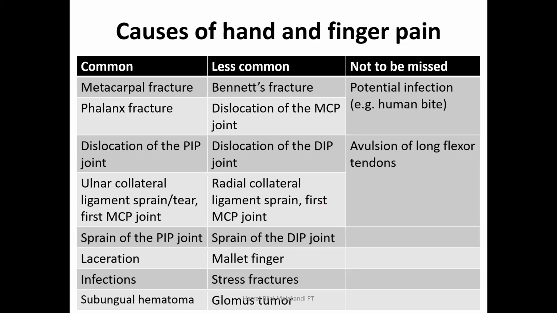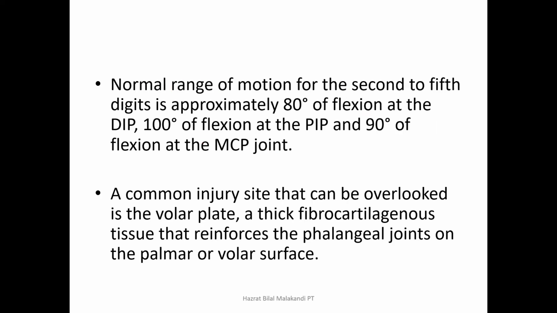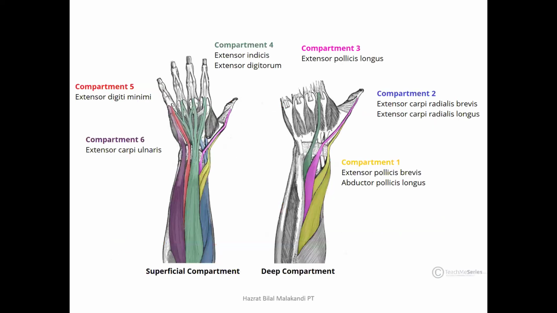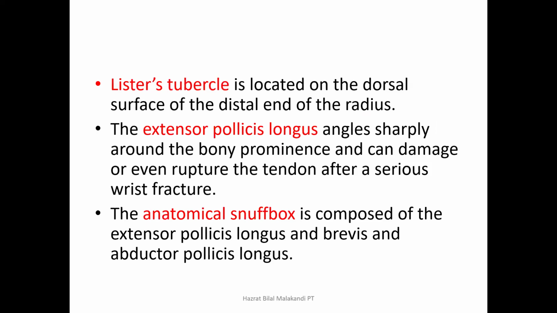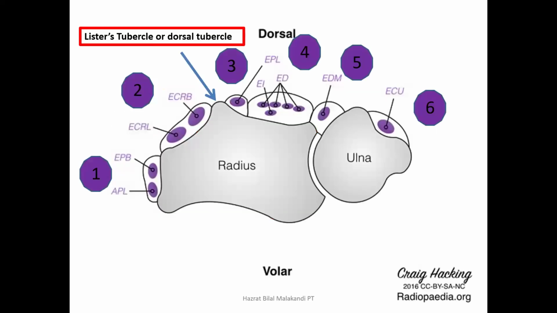Then we discussed the common and least common causes of hand complex pain, each and every one, including metacarpal fracture, phalanx fracture, and so on. Then we discussed the range of motion and other specific tests which we can use during our examination.